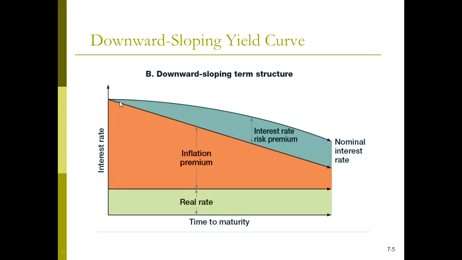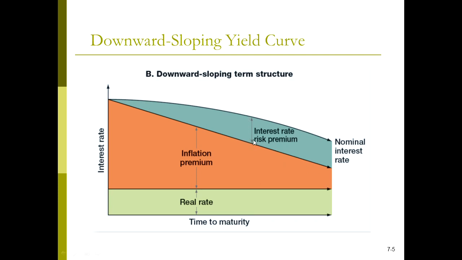If we have a downward sloping term structure, it means, again, we have three components. The real rate is a constant number. People's expectation about inflation is actually going down for the long-term bond. So the longer the period, they think the inflation in the future will actually be lower.